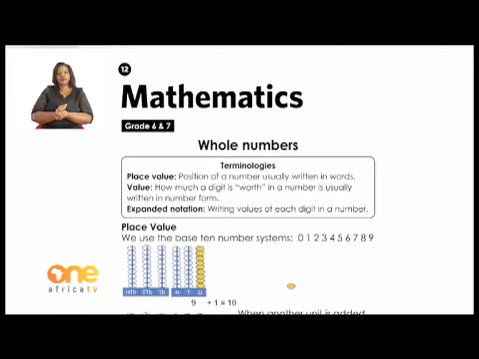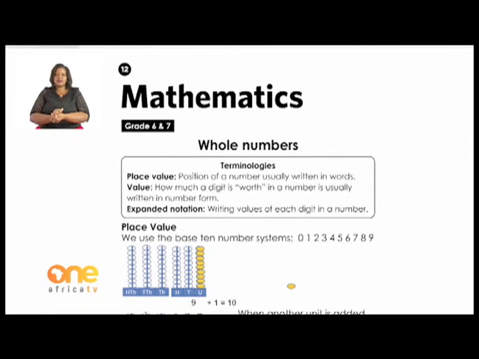The first one is place value, and the definition of that is the position of a number, usually written in words. The value is how much a digit is worth in a number, and it is usually written in number form.